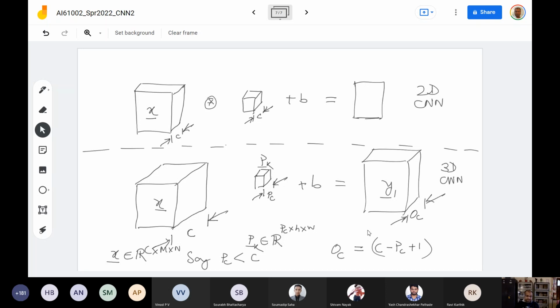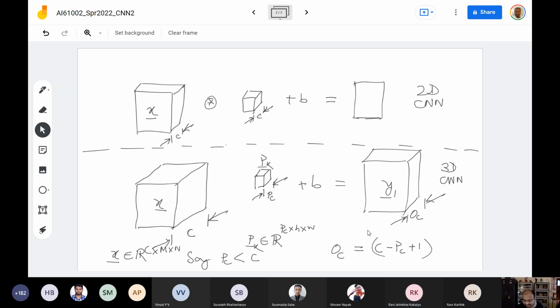So is this clear to all? Yes, sir. Hello, sir. This B over here in the second part, I think it should be a vector, right? No, B will still be a scalar. When we say bias, bias is always a scalar.